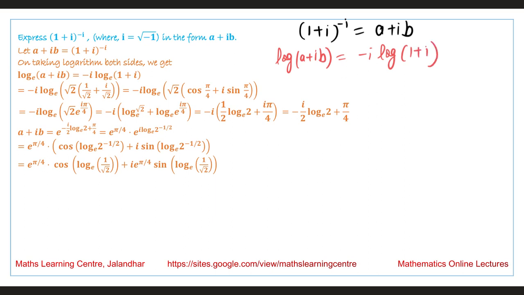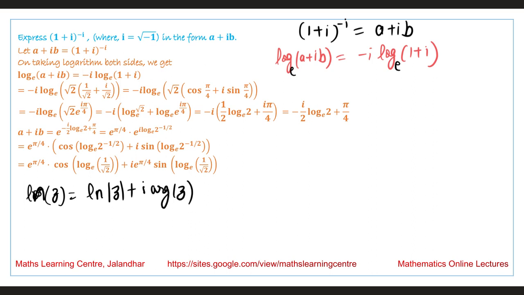Now what is the formula for log of z we have studied? If we take the natural log over here, log of z is equal to log of mod z plus iota times argument of z.